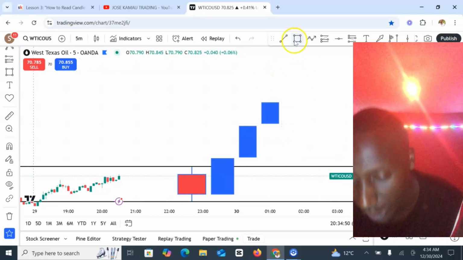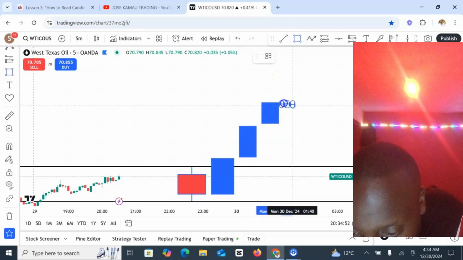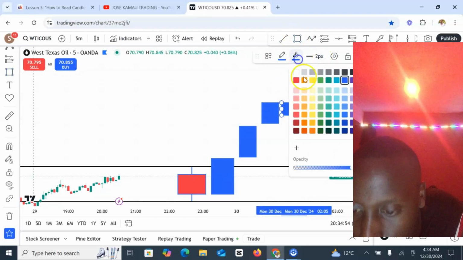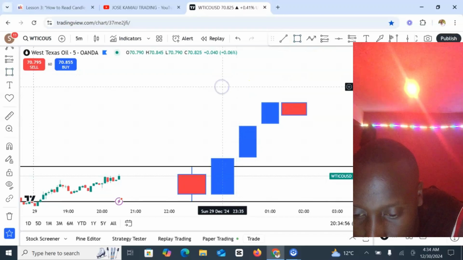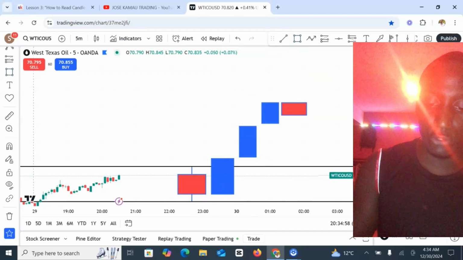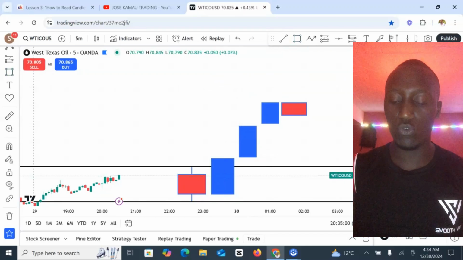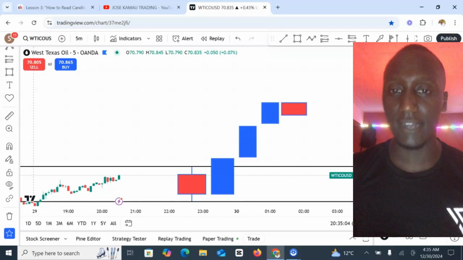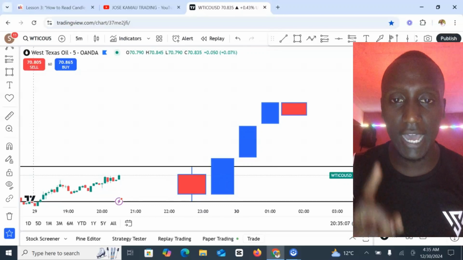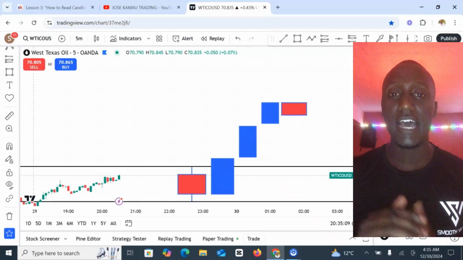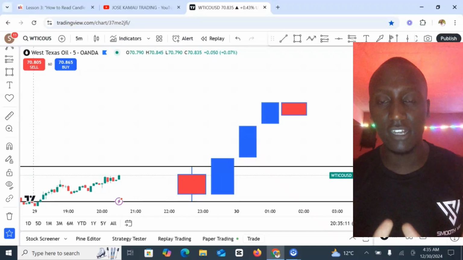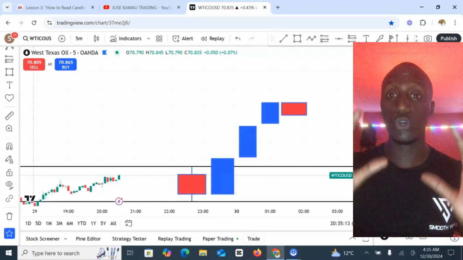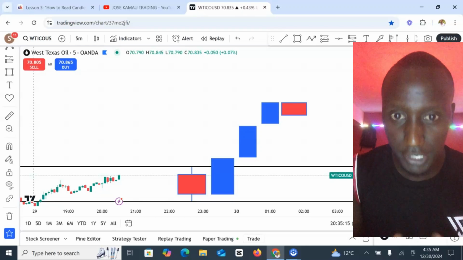However, you will see price print a bearish candle like that. So, say for example, you bought down here and then you are up the 2 candles. So, once you see a red candle, this is what we call a red flag. And a red flag is just a signal that is telling you to, hey, focus your attention here.